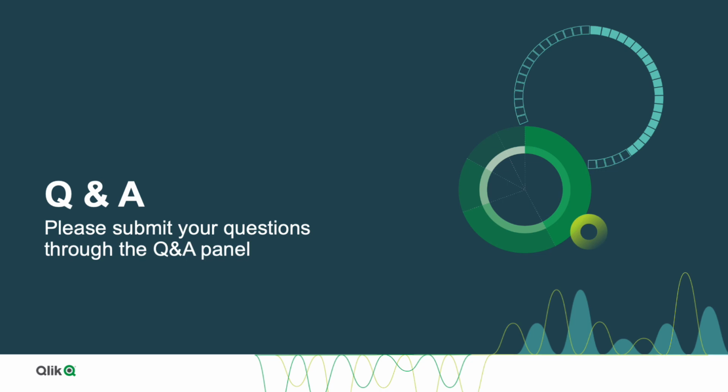That's why it can reside in the hub without actually having a connection to the app and having to spin up the entire app just because you want to see a KPI in the hub, which means that whatever selections were made before you clicked monitor chart is what's going to remain within that chart. If you want to have a live visualization, if you want to be able to make selections and so on, you need to go to the monitored chart, say go to source, and then you'll open up the app at the chart you were at, and then you can start making selections and applying bookmarks and so on.